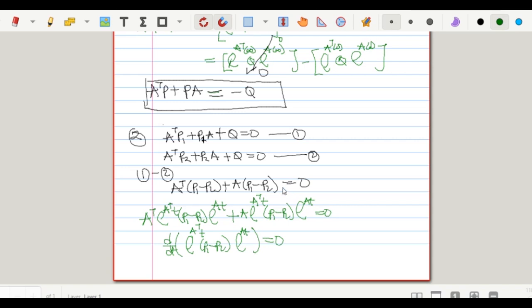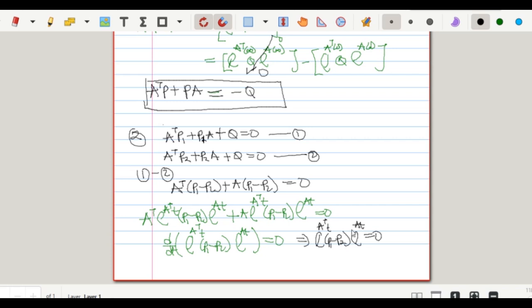So from this equation here, we are going to have exponential A transpose T into P1 minus P2 exponential AT to be equal to a constant.